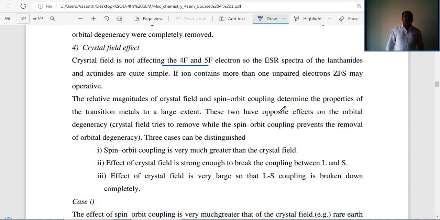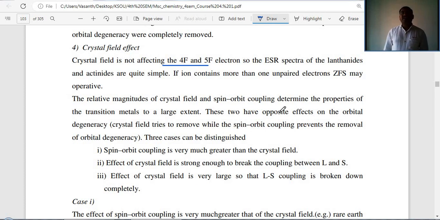The crystal field effect on the g value: the crystal field is not affecting the 4f and 5f electrons. So the ESR spectra of the lanthanides and actinides are quite simple.